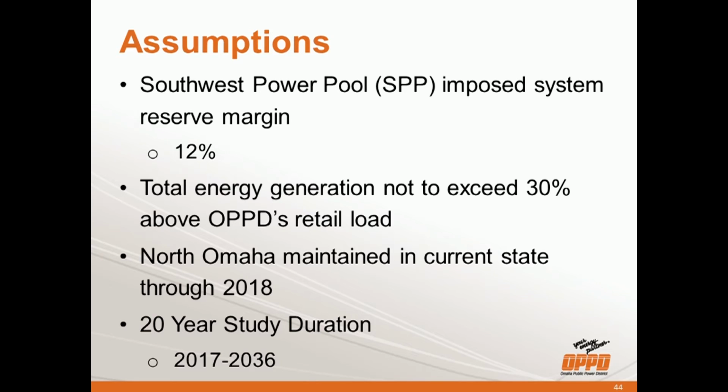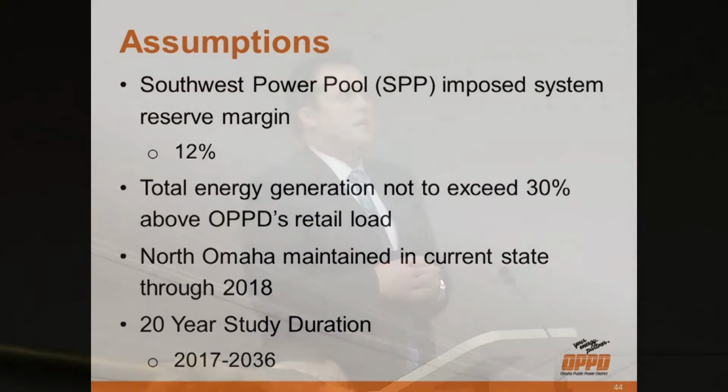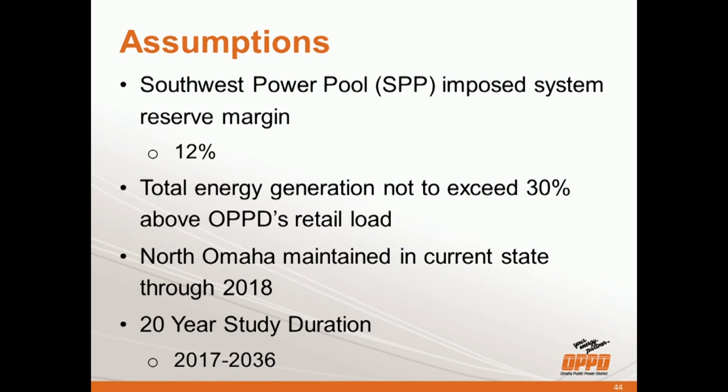We also told the modeling that we don't want to generate electricity that exceeds 30% above OPPD's retail load. That was put in place to mitigate our market and our operational risk in a sense that we don't want to generate too much energy and we don't want the market exposure associated with that. The third bullet point is North Omaha is maintained in its current state through 2018.